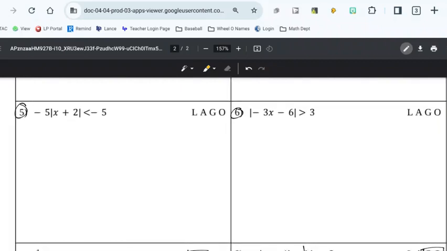All right, number 5, ask yourself, is the absolute value isolated? The answer is no, it is not. So we need to divide by negative 5 on both sides. Cancels out, x plus 2.